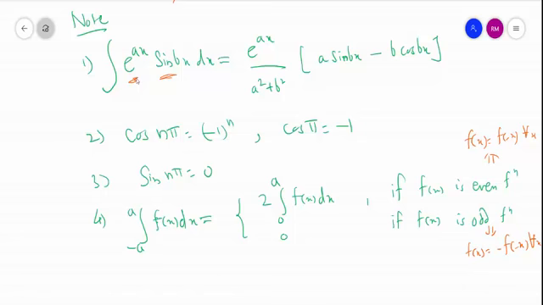This will happen when f of x is an even function. Otherwise, if f is an odd function, then its value will be 0. Such a remark we have to remember.